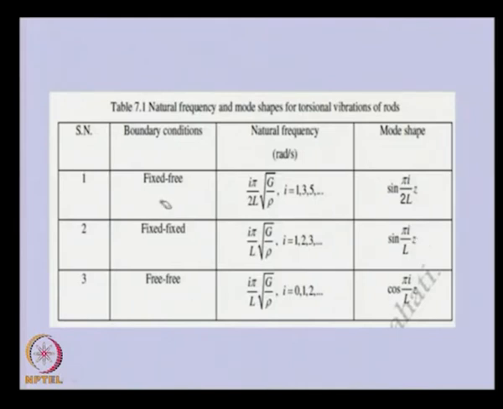This is the fixed-free case, this is the fixed-fixed case, and this is free-free. The fixed-free is similar to the cantilever case, fixed at one end and free at the other, and these are the natural frequency and mode shape. Basically, we need to satisfy the boundary conditions to get the constants C and D, and depending upon that we can get these equations.